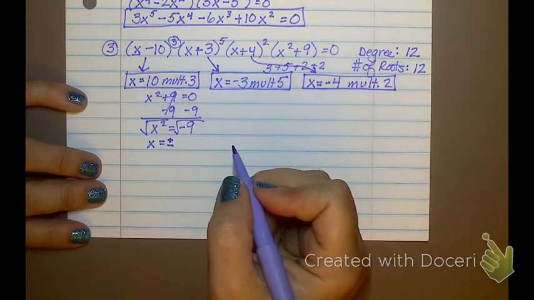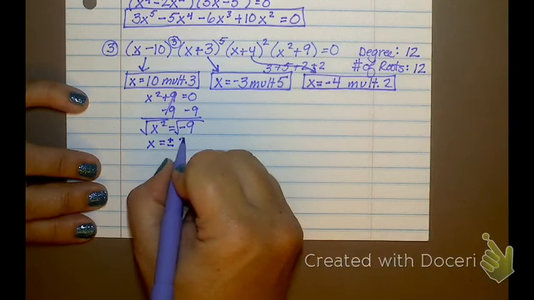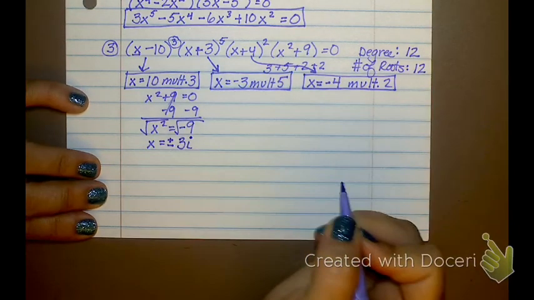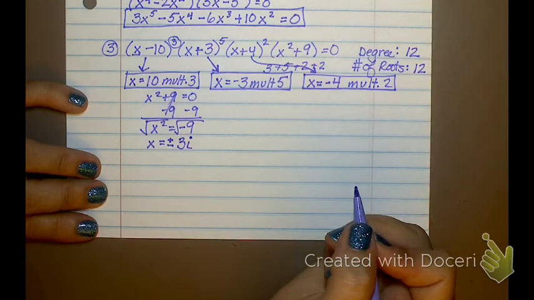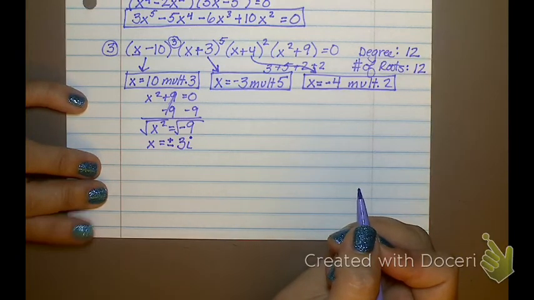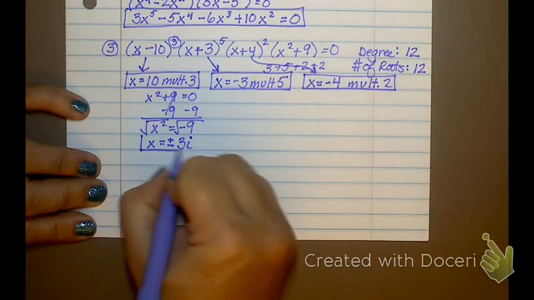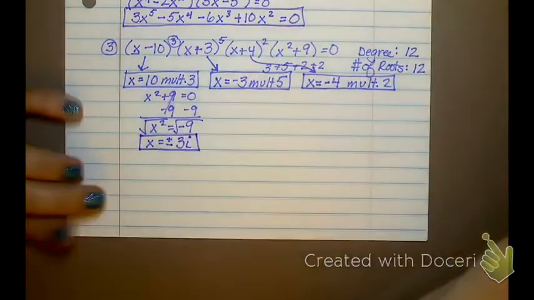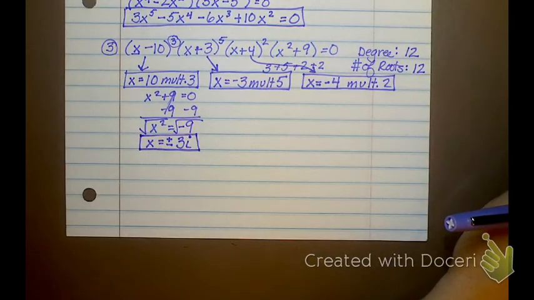What's the square root of negative 9? 3i, right? Because the square root of 9 is 3. You can have imaginary roots. The imaginary roots will not show up like x-intercepts. They'll look a little different on our graphs.